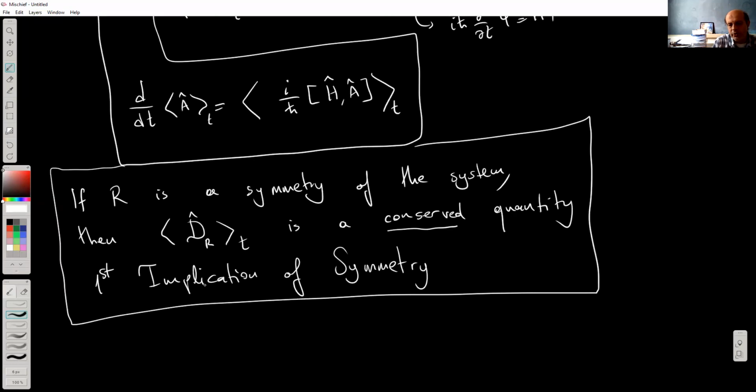So that's one version of Noether's theorem. Noether's theorem is actually basically about Lie groups, but it appears that for discrete groups as well in quantum mechanics, we can always talk about a conservation law. So Noether's theorem says essentially that if there is a symmetry, then there's an associated conservation law.